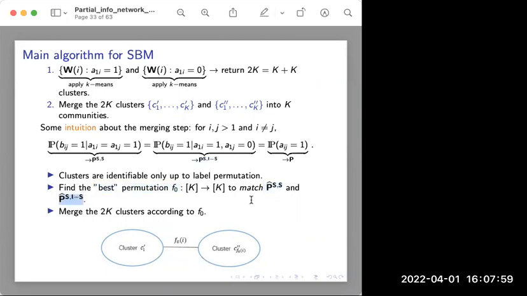We can just calculate the difference between the two estimates and find the best permutation that matches the two. So that is the rough idea behind the cluster merging. After having identified the best permutation, we can merge the two clusters into exactly K communities.